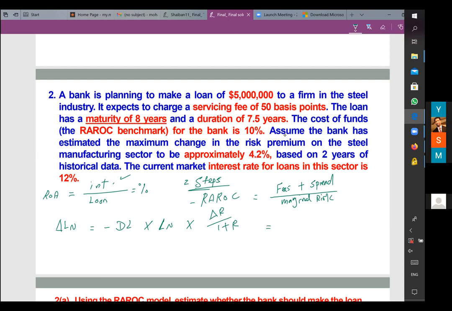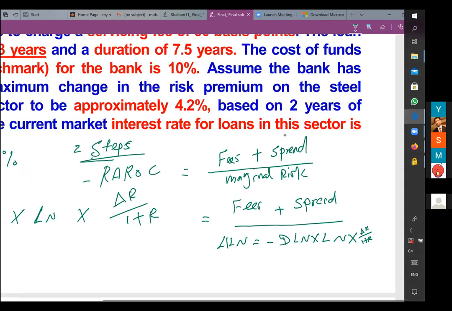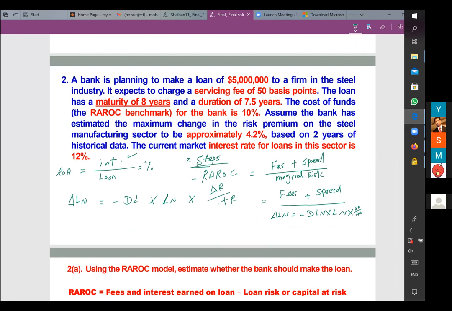Now, if we know this, so this is fees plus spread. And this is actually the risk, which can be found through this formula: change in R, over 1 plus R. So if we are done with this, look at this problem.